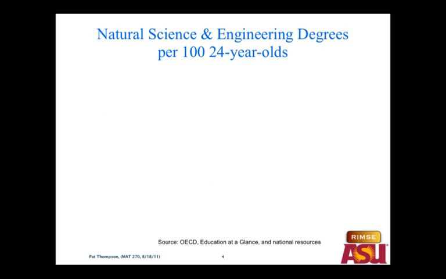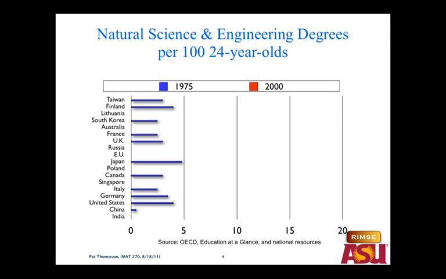So first, international comparisons. In 1975, this was the number of natural science and engineering degrees per 100 24-year-olds in different countries. Okay, back in 1975. So this is gauging the interest and prominence of math and science and engineering in different countries at that time.